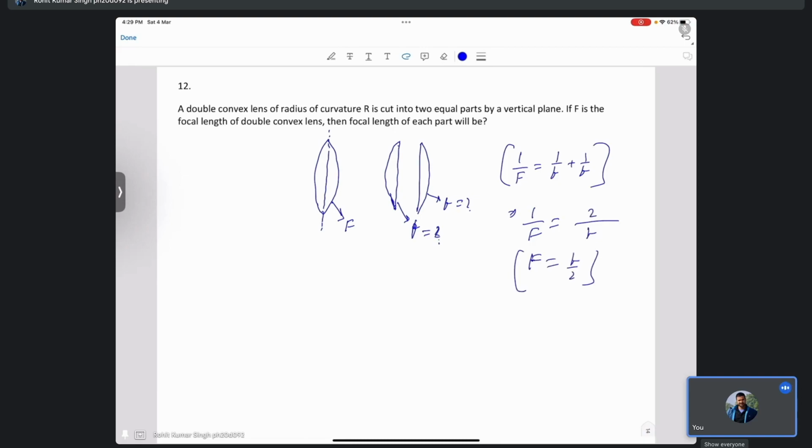This should be the answer. Oh, sorry. Then we can invert it and get 2f. Correct? So apparently the focal length of these two lenses will be twice that of the original lens. It's a little counterintuitive, but it's true.